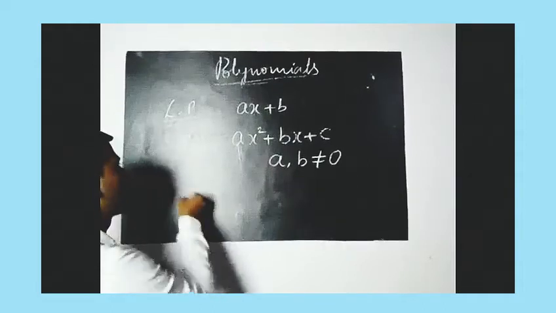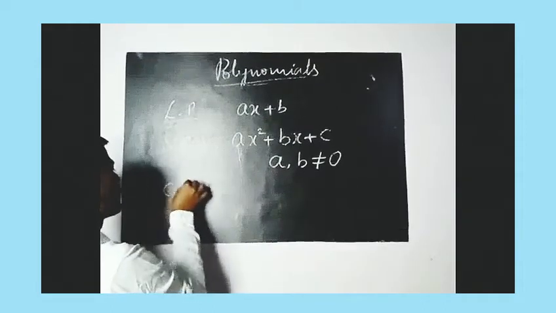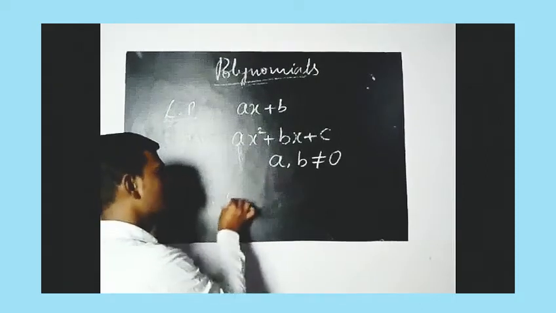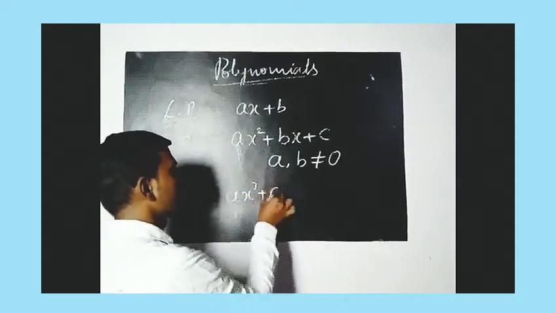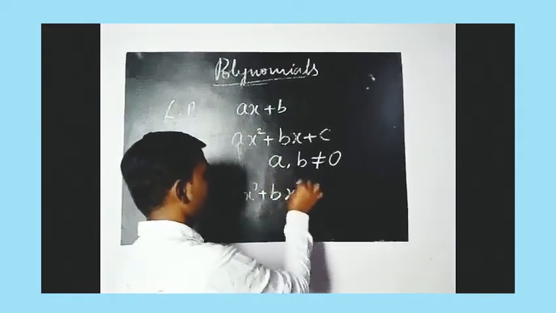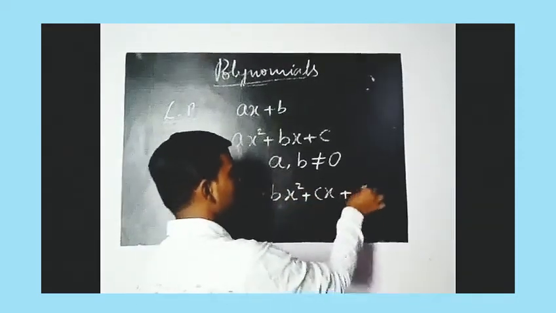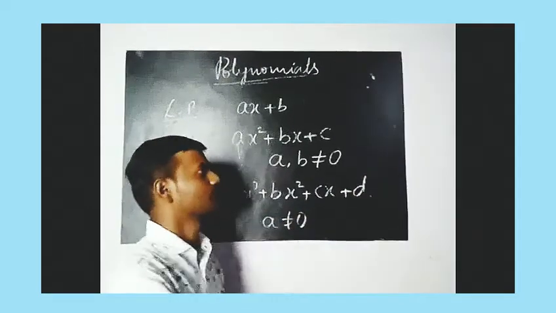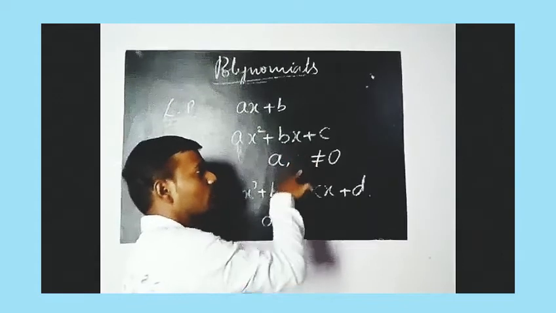And the general form of a cubic polynomial is ax cube plus bx square plus cx plus d, where a should not be 0. Only a should not be 0.